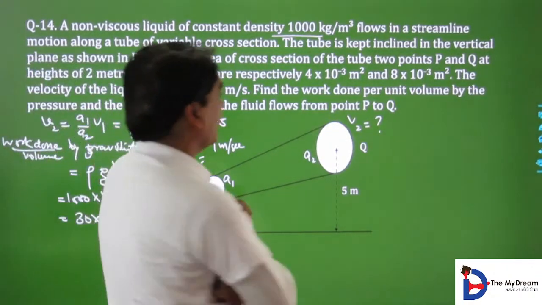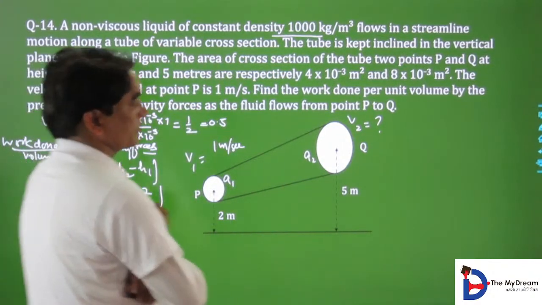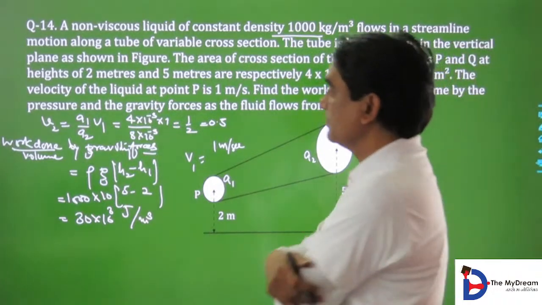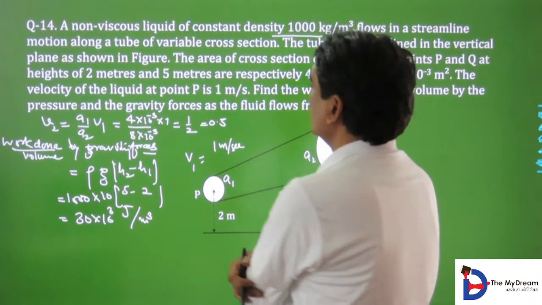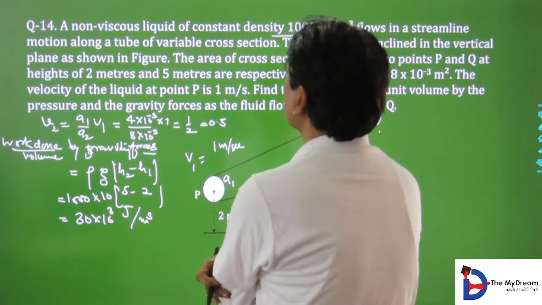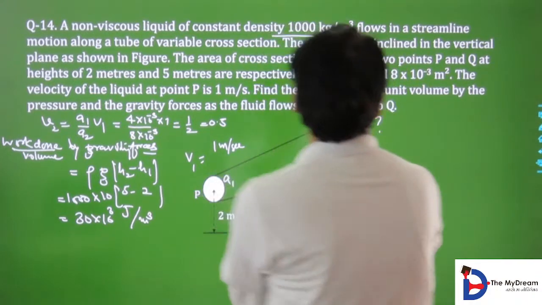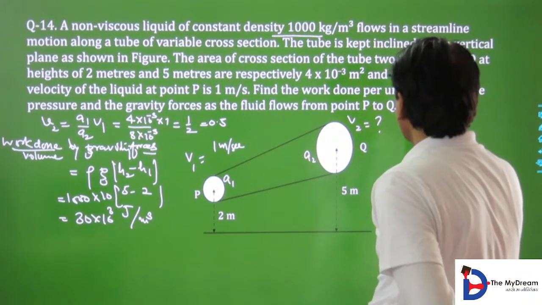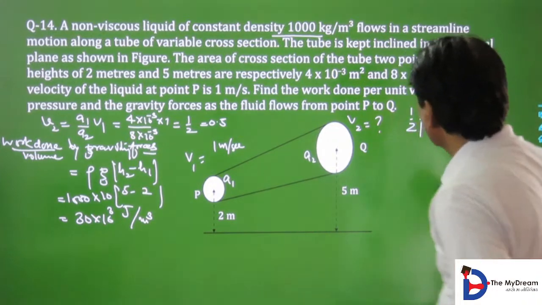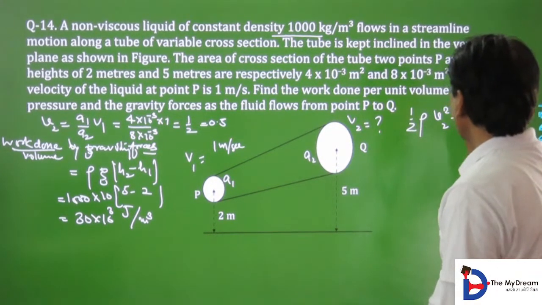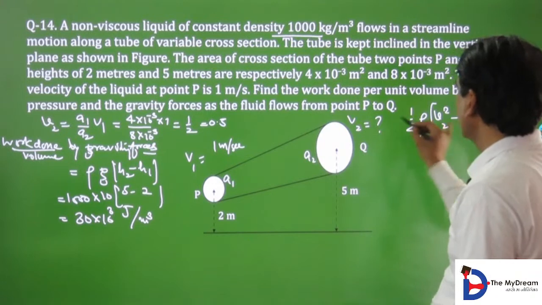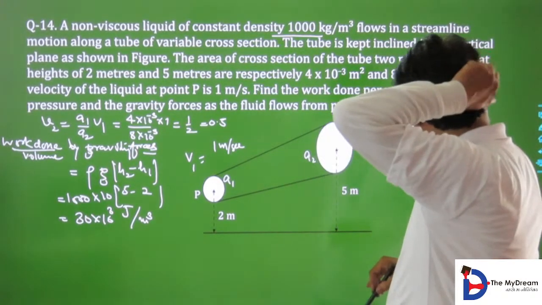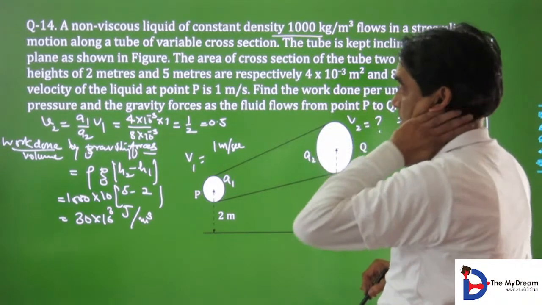Now, the work done per unit volume by the pressure. That is half rho into V2 square minus V1 square. This is the work done per unit volume by the pressure.